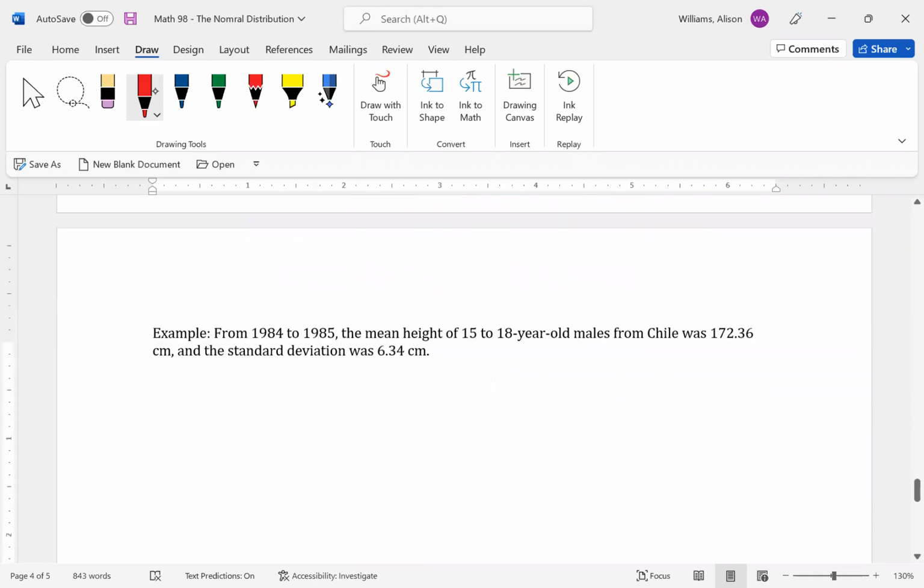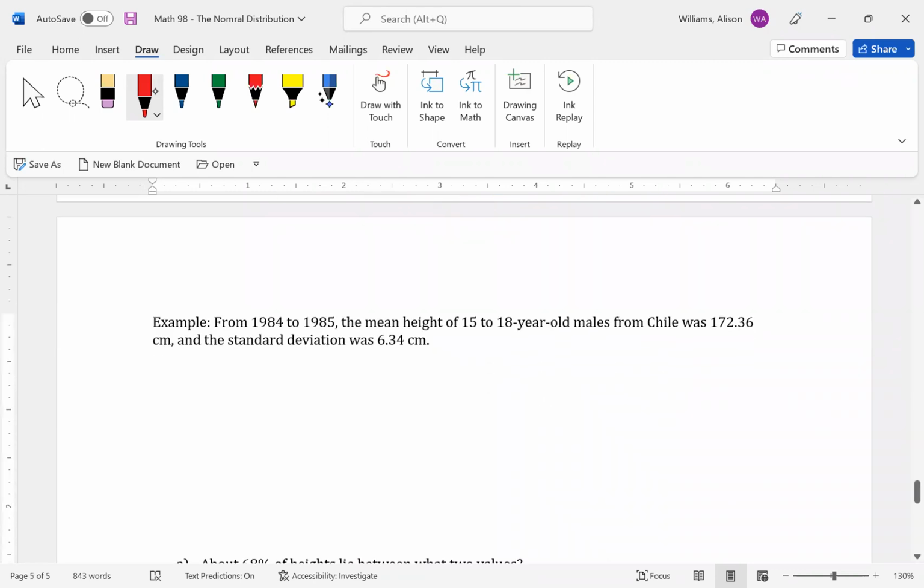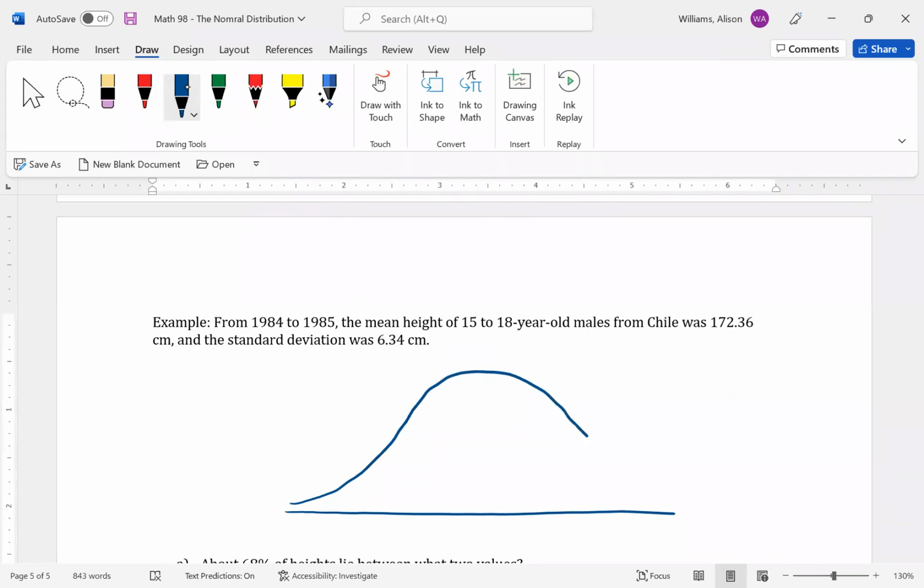So let's consider this example. From 1984 to 1985, the mean height of 15 to 18-year-old males in Chile was 172.36 centimeters, with a standard deviation of 6.34 centimeters. So here I'm going to draw this again, and squeeze it in here to make it work. I'm going to make it a little wider since we're looking at decimals.